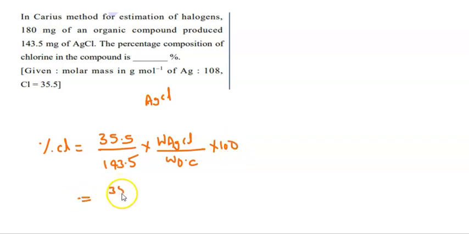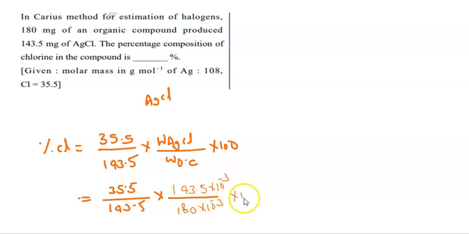That will be equal to 35.5 by 143.5 into the weight of AgCl, 143.5 into 10 to the power of minus 3, by the weight of the organic compound, 180 into 10 to the power of minus 3, multiplied by 100.